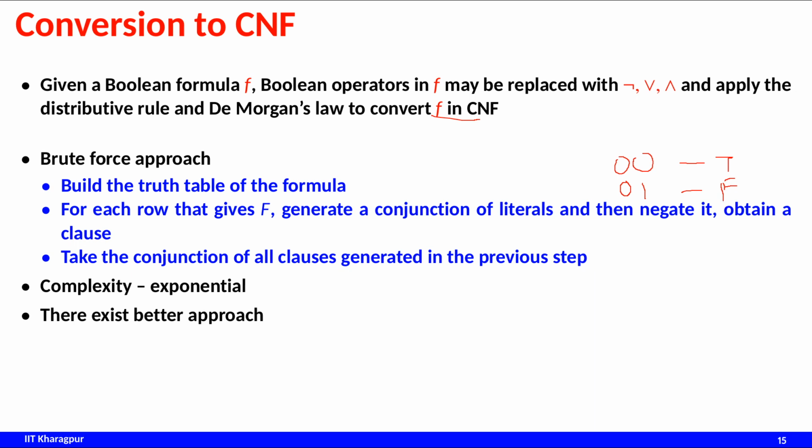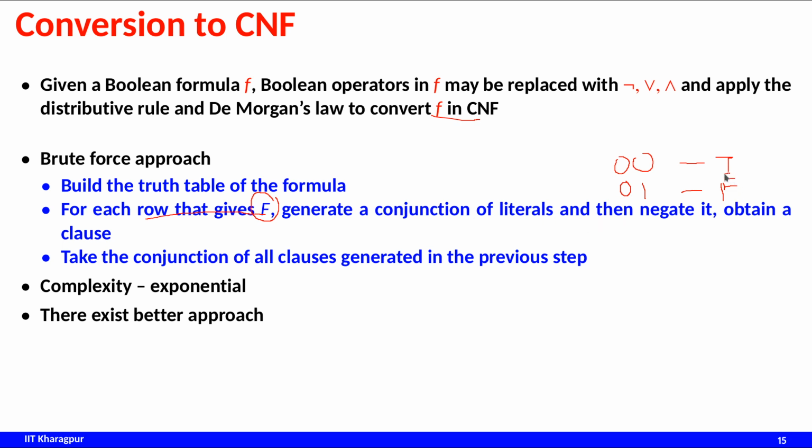Now if I want to convert to CNF, I choose all those rows that produce F in the truth table, generate a conjunction of literals, and then negate it.